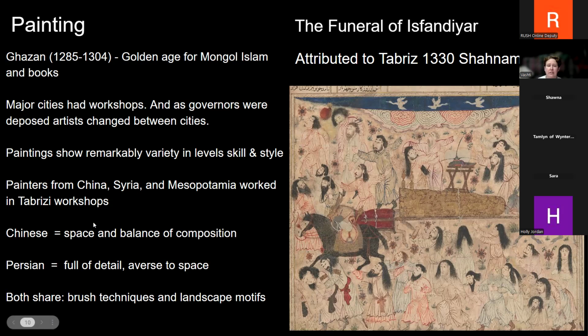There are huge, huge swings in the variety of skill level and style, even within one workshop. So who is actually doing the painting and where are they from is anybody's guess, based on tax records and inventories and data about who has been brought from where and why was this work coveted over another.